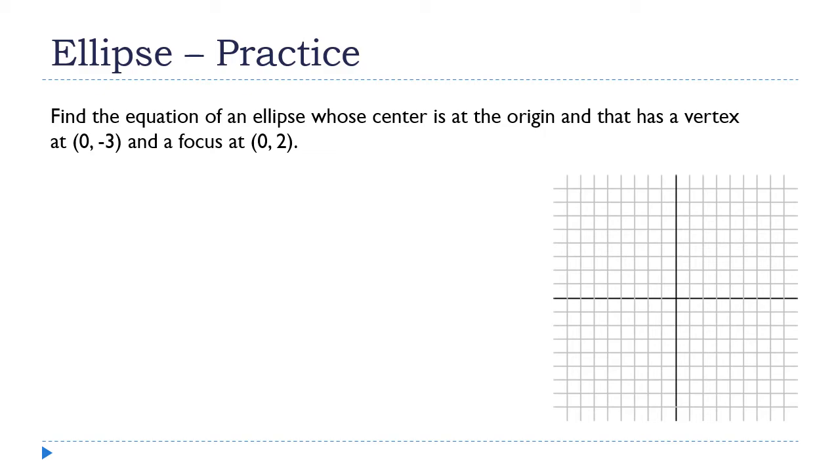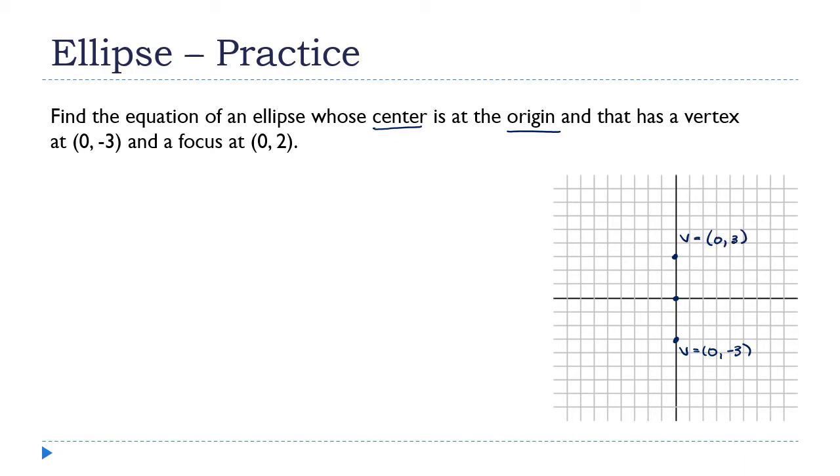We're working the same situation here. We have an ellipse whose center is at the origin, so that's still here. It has a vertex at 0, -3, so this is a vertex. And if it's got a vertex at 0, -3, then it's got a vertex at 0, +3.